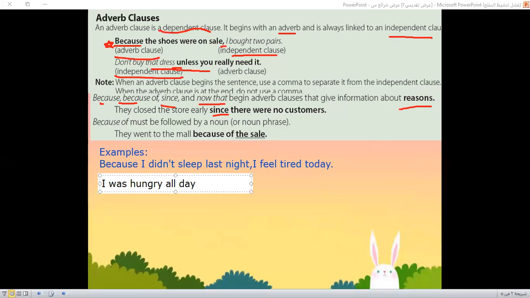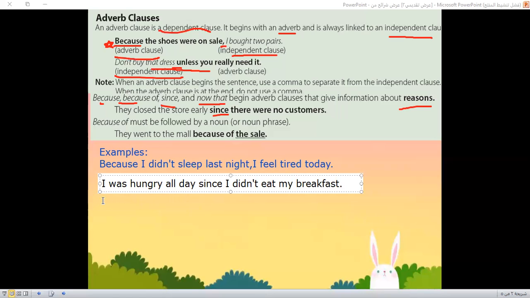You can say because, you can say since. So I can say since I didn't eat my breakfast. I give you a reason why I was hungry all day. Why was I hungry all day? Because I didn't eat my breakfast. So you see, since here is going to give me the reason. After since, I'm going to find the reason why I was hungry all day.